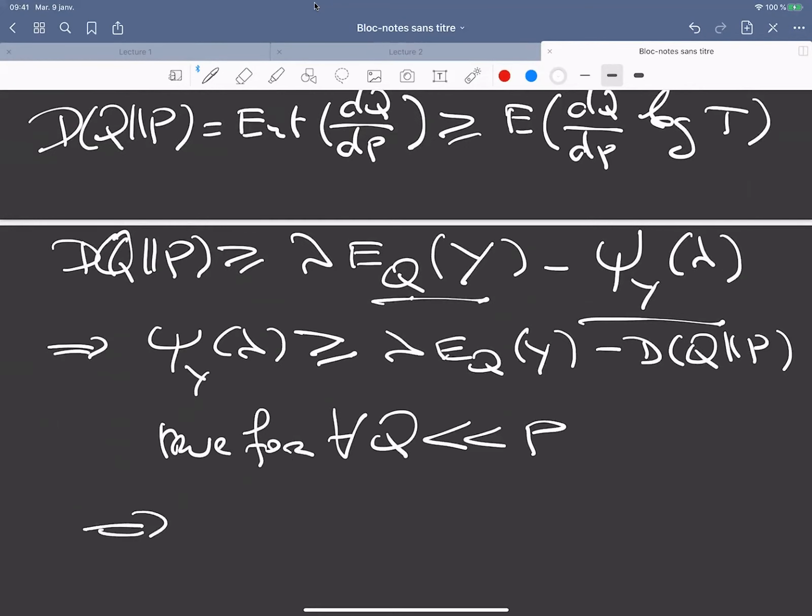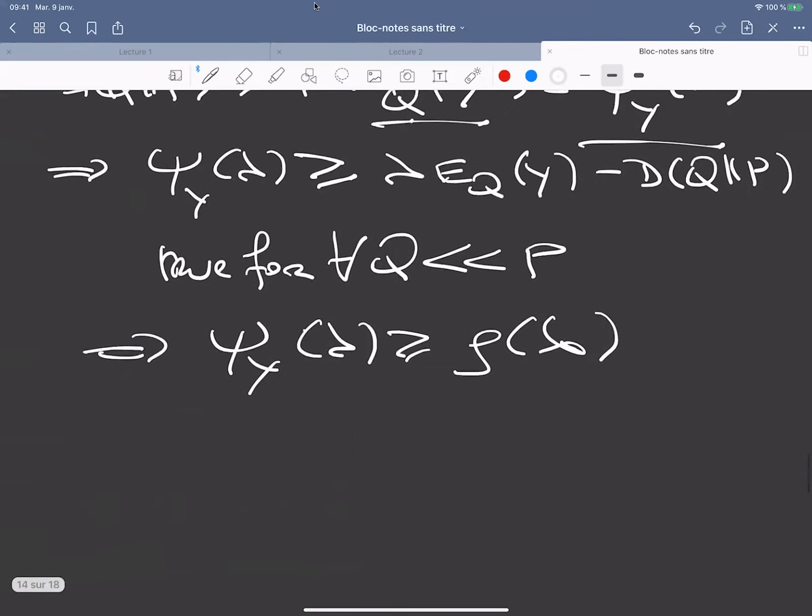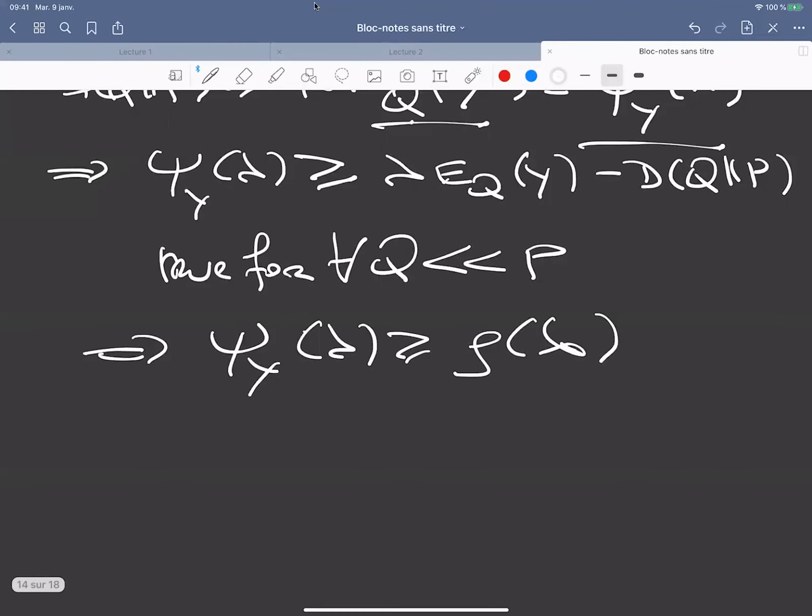And so psi is greater than the sup, and the sup is what we have called rho. So now you have to prove the reverse inequality.